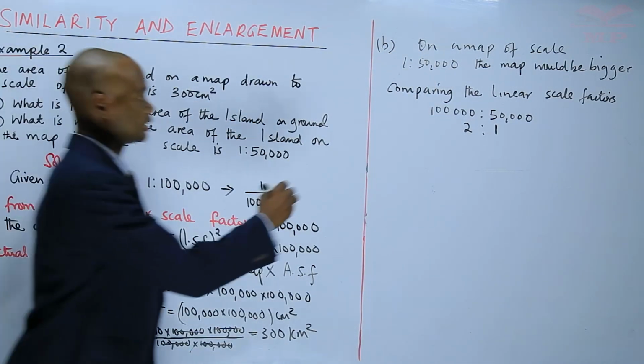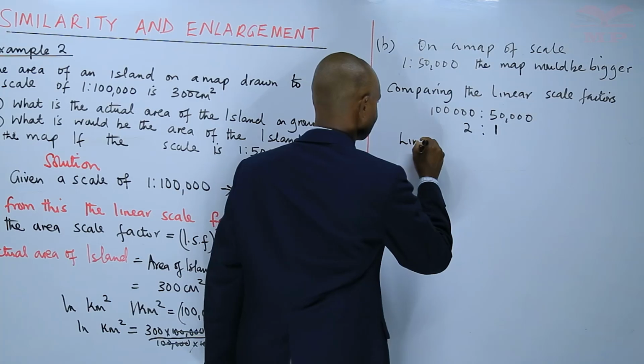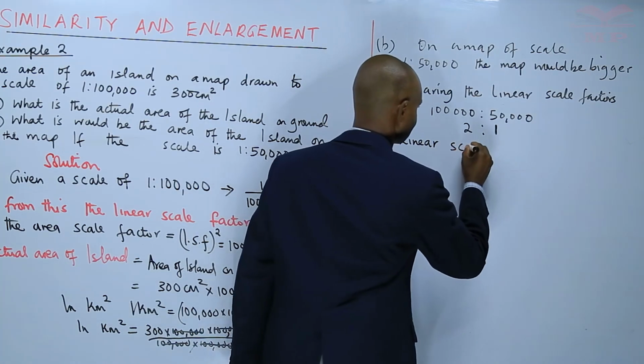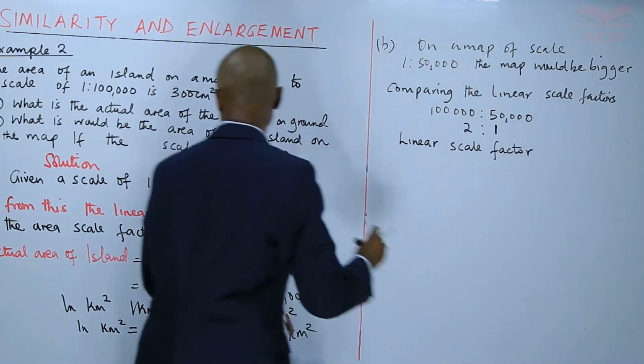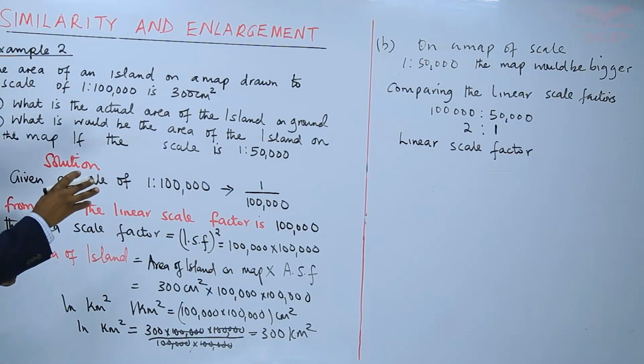So we discover the linear scale factor, when comparing the first map and the second map, is 2.